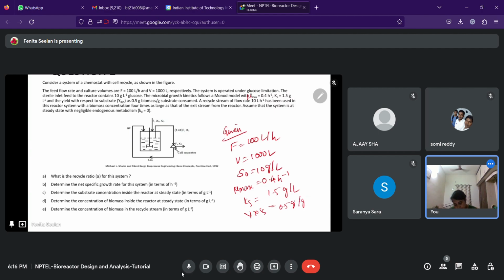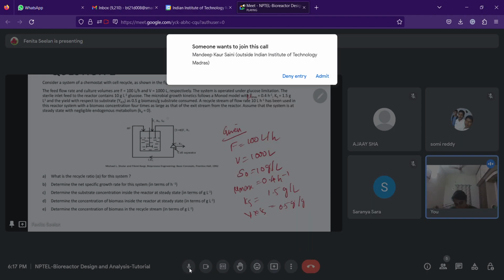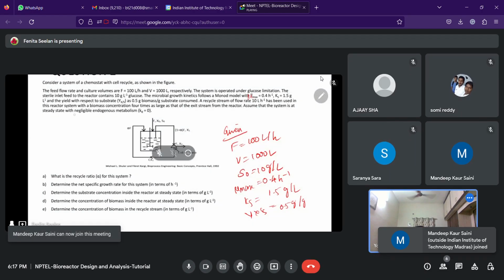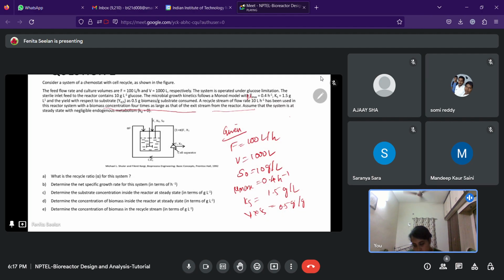And our recycle stream flow rate, so that's all. One more thing: a cell recycle has been used in this reactor system, with the biomass concentration 4 times as large as that of the exit from the reactor. Our concentration factor C is equal to 4.